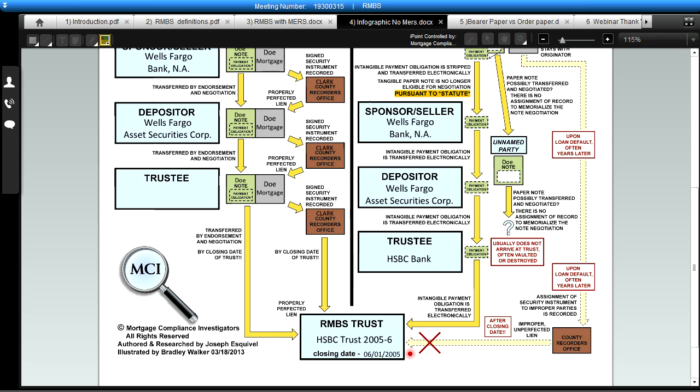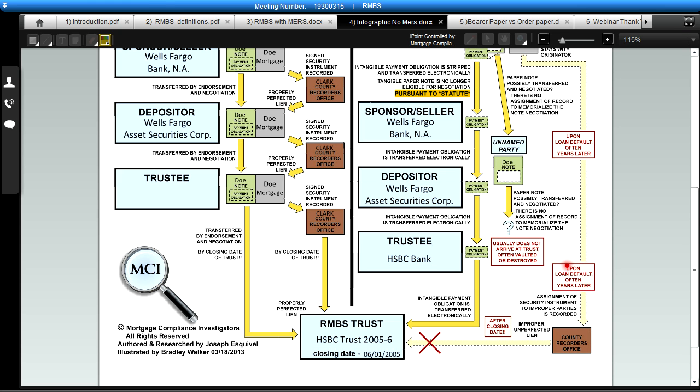However, even given that time frame of 2 years, if this trust closed on June 1st of 2005, and we're looking at today as 2013, and they did an assignment 2 months ago, the doors have been slammed.